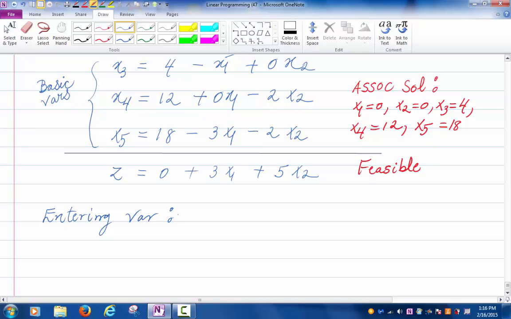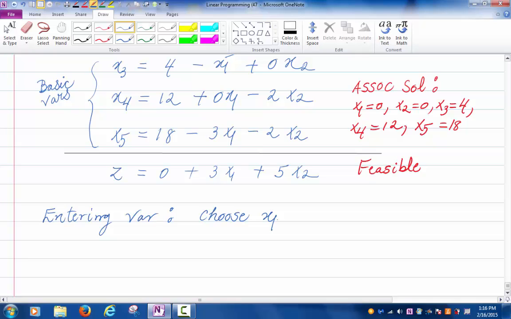So what I'm going to do here is make the following choice. I am going to choose x1. Usually if I am actually doing this problem, I'll probably choose x2 just because z increases faster in the direction of x2 than x1.